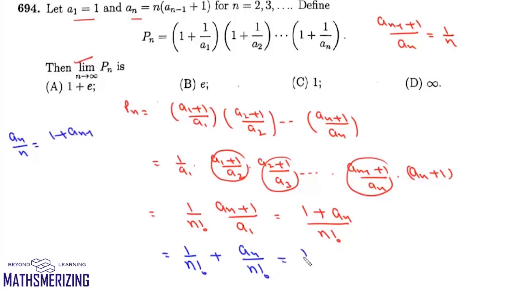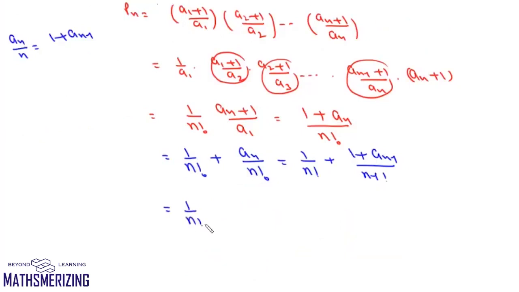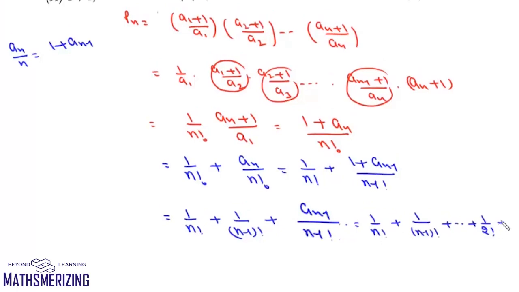So we can also write this as 1 upon factorial n plus 1 plus an minus 1 upon factorial n minus 1, which is 1 upon factorial n plus 1 upon factorial n minus 1. Now if we continue in the same fashion, in the end we'll get 1 upon factorial n plus 1 upon factorial n minus 1 plus a2 upon factorial 2.